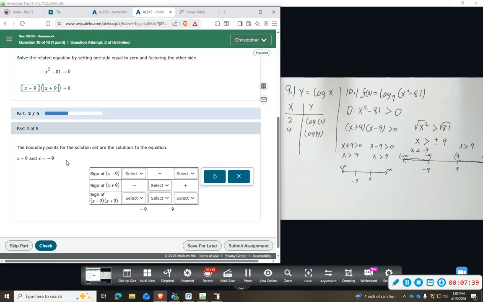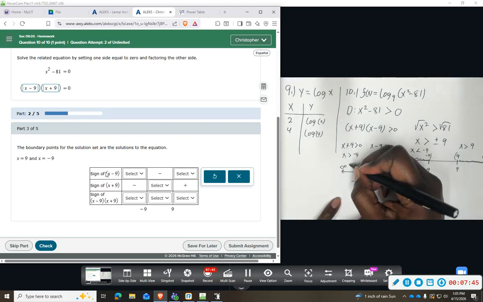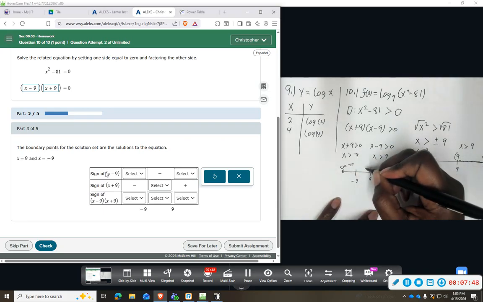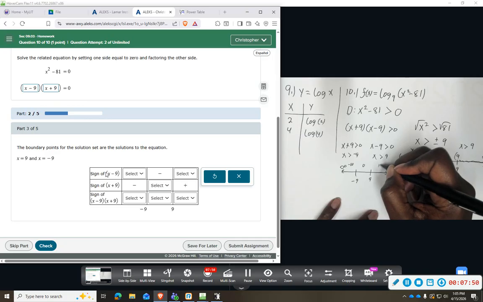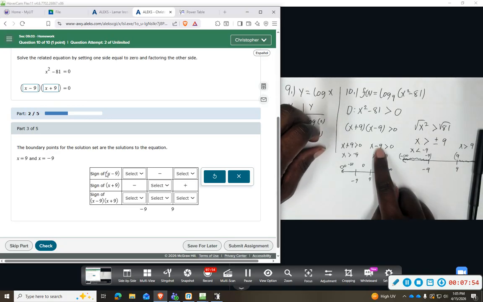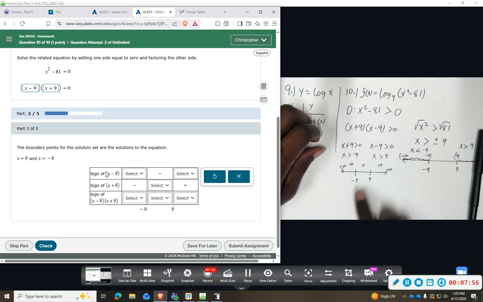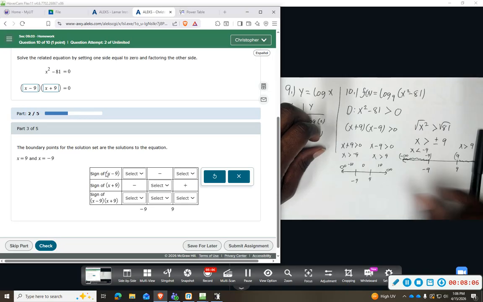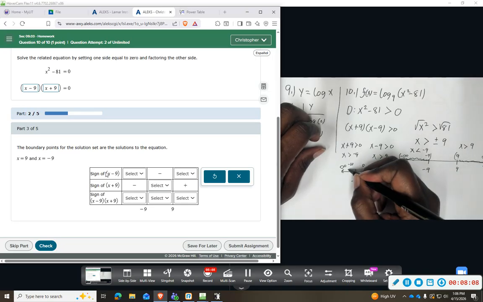So it says the sign of x minus 9. We can just plug in some point. Let's just say -10 over here. In the middle we'll do 0, and we'll do a +10. So if I'm looking at the x minus 9, just this part by itself, and I plug in a -10, -10 minus 9 is going to give me a -19. -19 is less than 0, it's not greater than 0, so they're going to put a negative sign here.